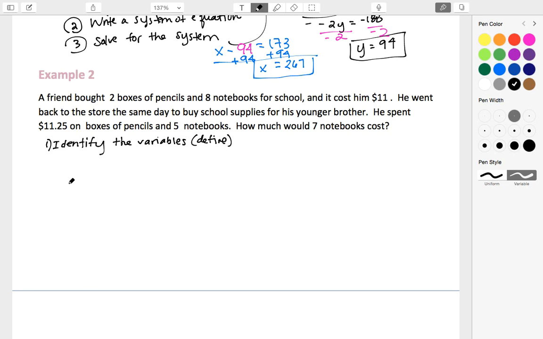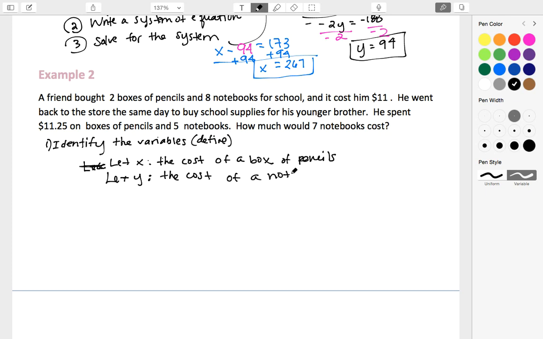So in this case, we're going to let x represent the cost of a box of pencils. Okay, and let y represent the cost of a notebook.